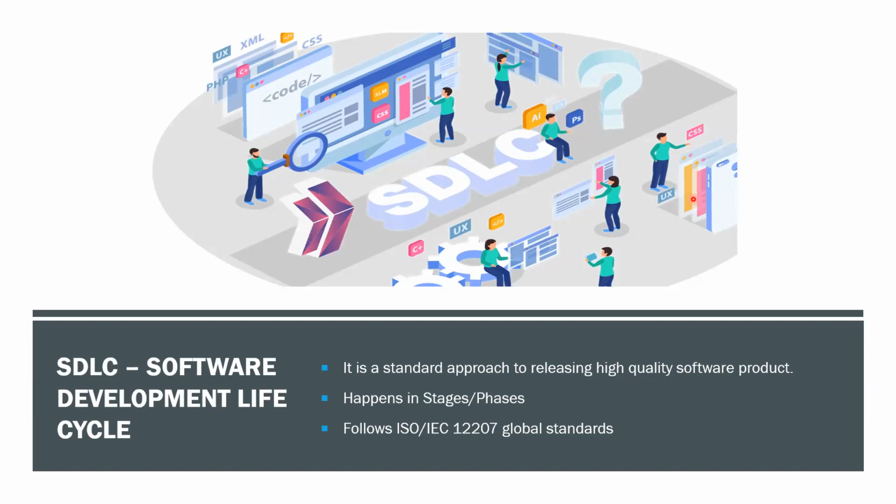The Agile methodology also has what is called a manifesto. And in a sense, the ISO IEC is essentially a manifesto created by global standards, meaning that this is not just a single country. This is a global standard that is followed all across the globe in order to create good quality software.